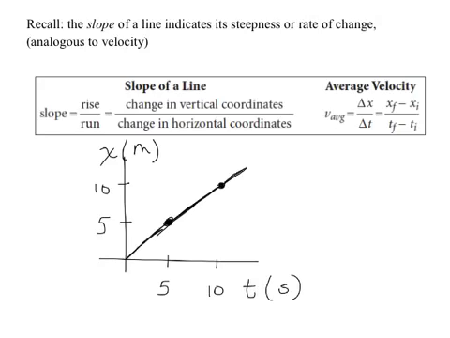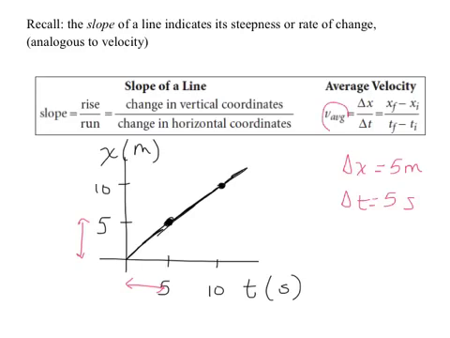In a given time interval, we have a given amount of displacement. So here we have a 5-second time interval. If we go over and up here, we have 5 units of displacement. So when we have a delta x of 5 meters along the y-axis, we have a time period of 5 seconds.